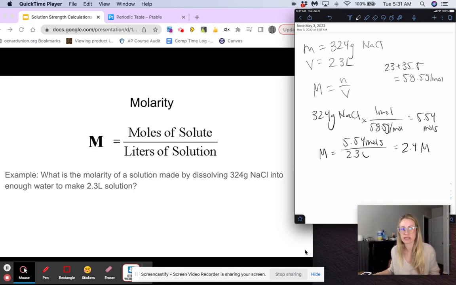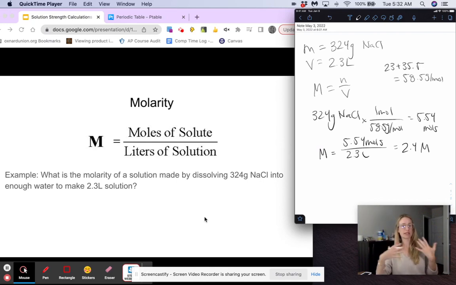And what this really is, it's like a concentration, right? So the higher the molarity of the solution, the more moles of solute you have dissolved per liters of solution. Of course, we talked about how when we have a concentrated solution versus a dilute solution, there's no threshold, like all of a sudden, when I have this many moles of solute dissolved per liter of solution, it's a concentrated solution.